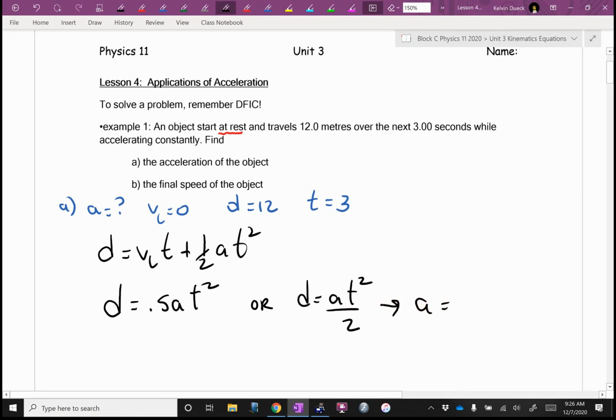A equals two D divided by, you said divided by A. I think we want to get the A by itself, so it's not going to be divided by A. It's going to be divided by T squared.